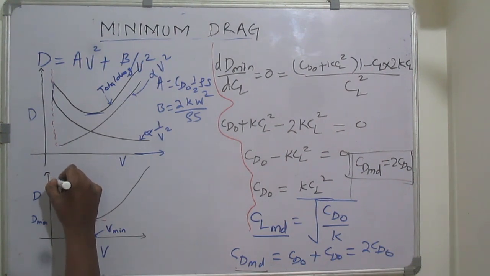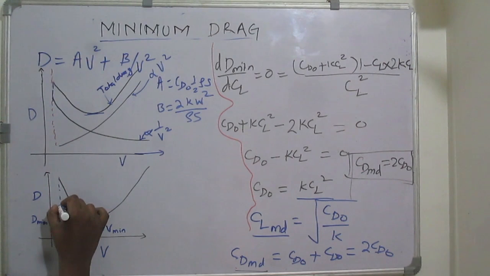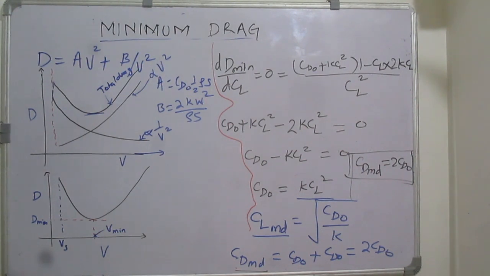So even in this graph, this is the V stall. We know stalling velocity is the lowest velocity at which the aircraft can sustain in the air, because below the stalling velocity the aircraft cannot sustain flight.